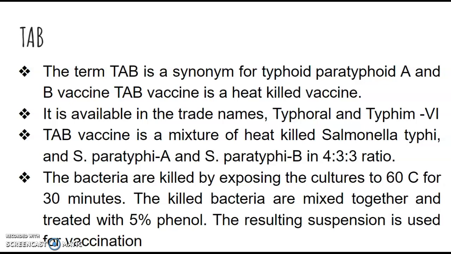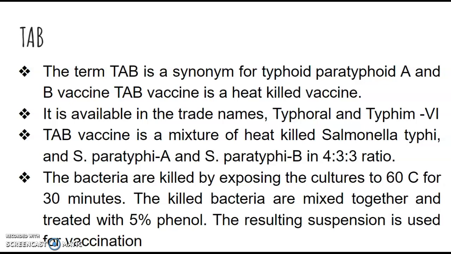TAB vaccine, as we know, is a heat-killed vaccine of Salmonella typhi, Salmonella paratyphi A and Salmonella paratyphi B, prepared in the ratio 4 to 3 to 3. The bacteria are killed by exposing the cultures to 60 degrees Celsius for about 30 minutes.